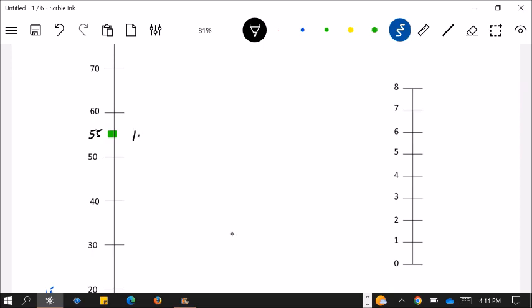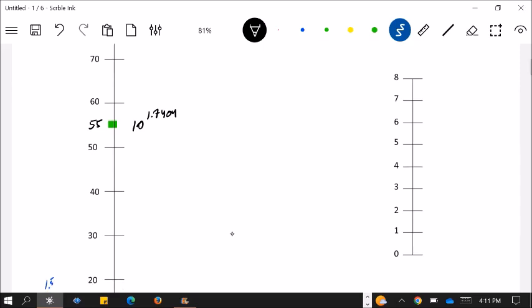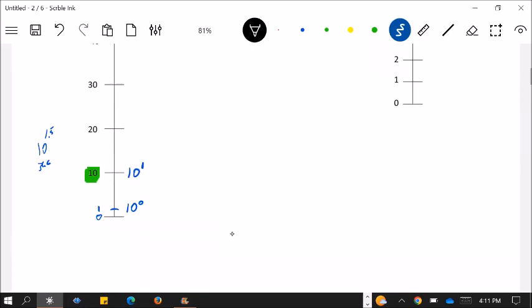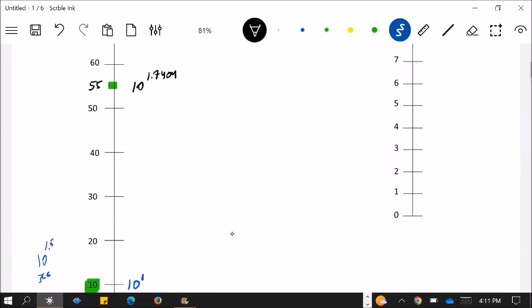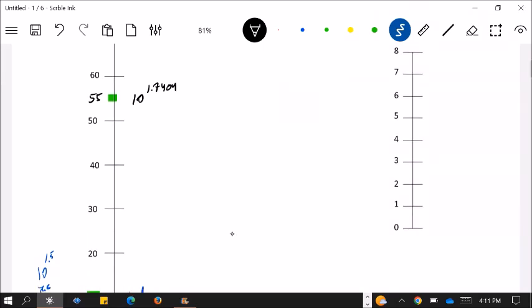What we get is 10 to the 1.7404. Logarithms are done 4 decimal places unless there's a compelling reason not to. So I'll do 1.7404 here. Although it would make sense to round it to 1.7, we'll leave it with the 1.7404 right there.